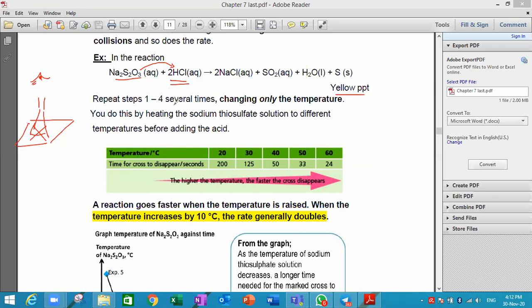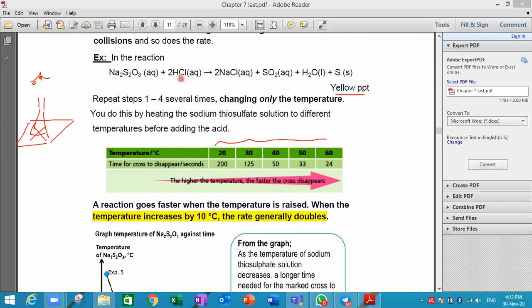So now we are going to repeat this experiment, but this time we are going to leave the concentration of HCl the same, but we are going to change the temperature at which we are doing this reaction. So we take the same concentration of HCl, and in one experiment we are going to measure the rate at room temperature of the disappearance of the cross by the formation of this yellow solid. We measure the time needed for the disappearance of the cross at room temperature.